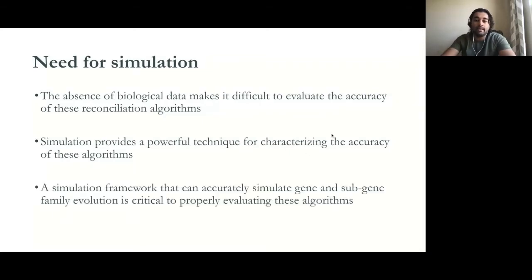And if the simulation framework can accurately model how these species, gene, and domain families are evolving, then we could assume that an algorithm which picks up these events accurately can reasonably model the evolutionary history of these genes, species, and domains as well.